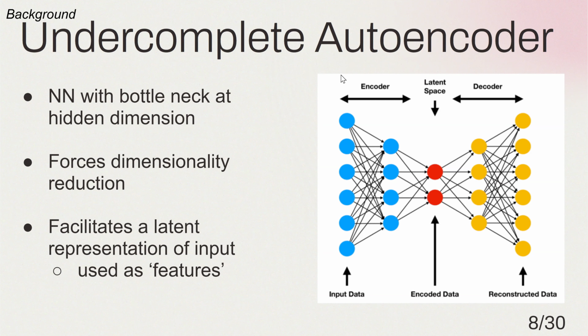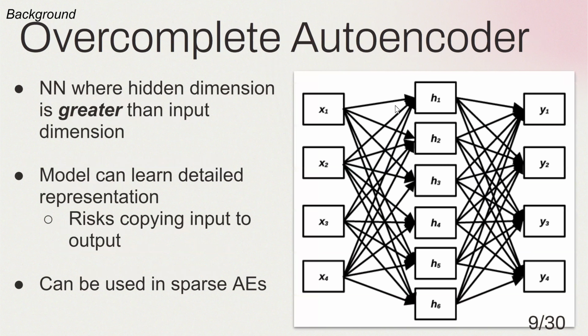But what maybe I haven't heard people talking about is this concept of an overcomplete autoencoder, basically because this doesn't really make sense on its own. We take the input data and we actually have a larger hidden dimensional space. You're thinking, okay, why would you do this? Because all the model has to do is copy the input to the hidden space and then copy it again to the output space.